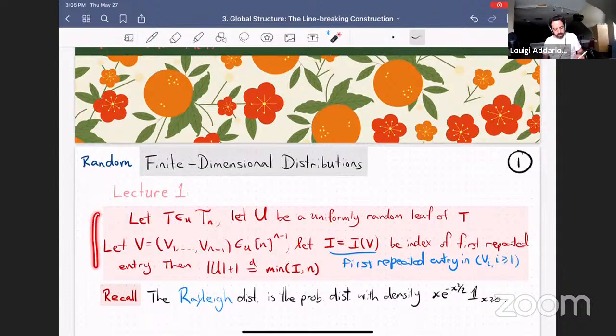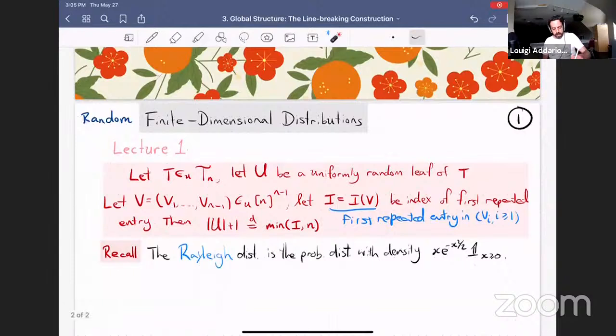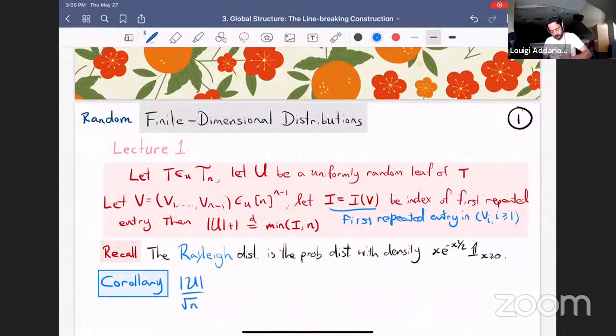Okay, so we had this identity, and as a corollary of this, we stated in the first lecture that the height of this randomly sampled vertex divided by root n converges in distribution to a Rayleigh random variable.